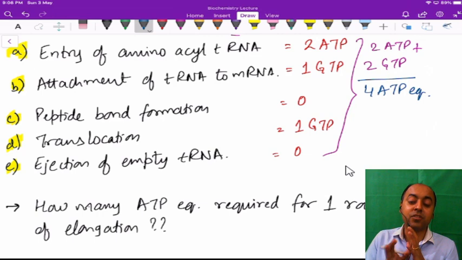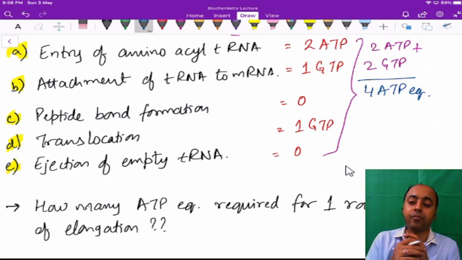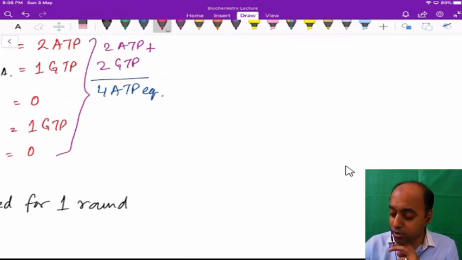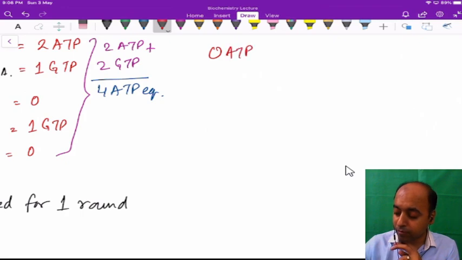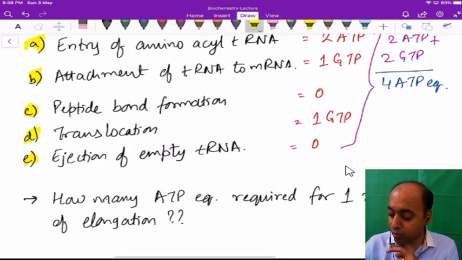The question can specifically ask about addition of an amino acid, meaning peptide bond formation. The question says peptide bond formation requires how many ATP? At that point, if option 0 is there, that is the best answer. Why? We said the peptide bond formation does not require ATP.